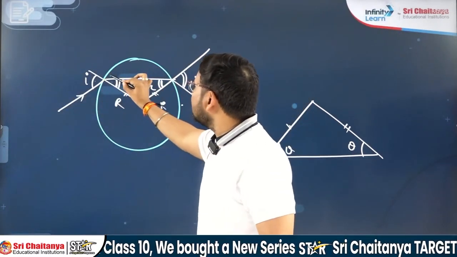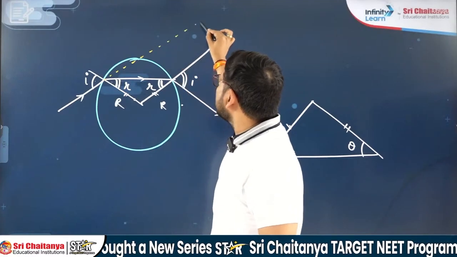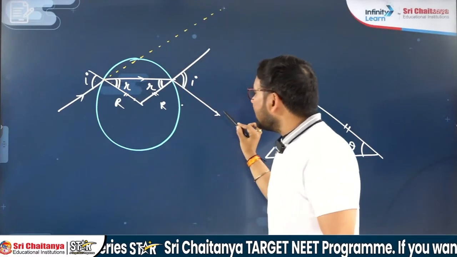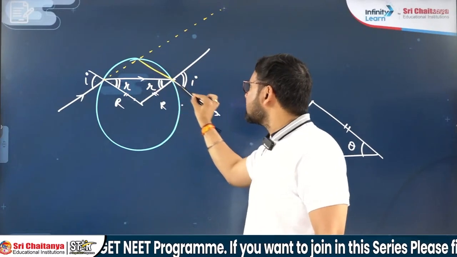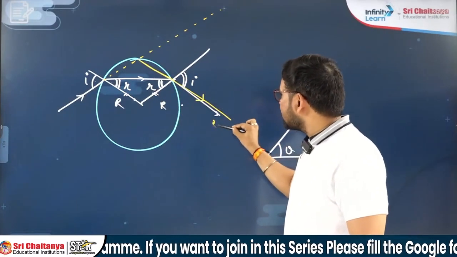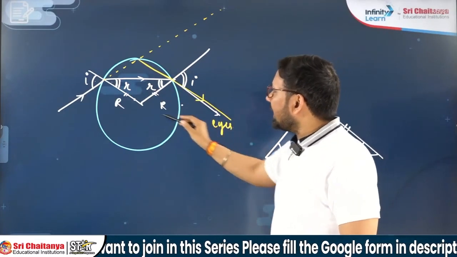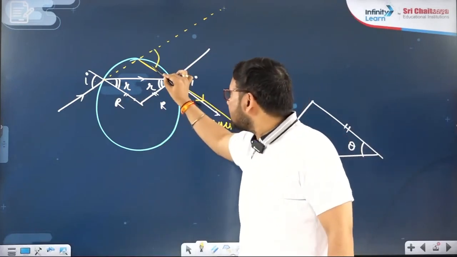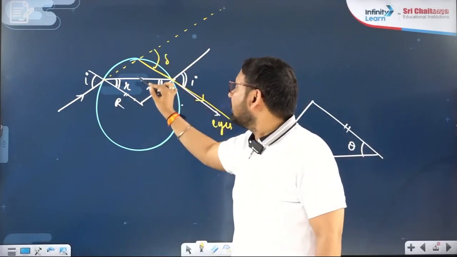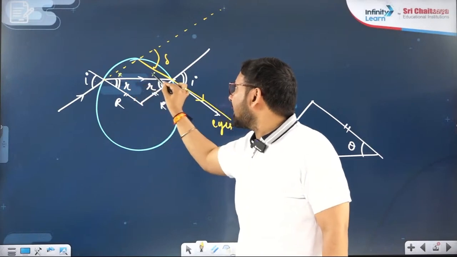When it goes on this path, the actual path of light was this. But when I saw it coming out of the sphere, the path I observed was this. I observed this path with my eyes. So the light has deviated. That deviation is the exterior angle, which is the sum of two interior angles.